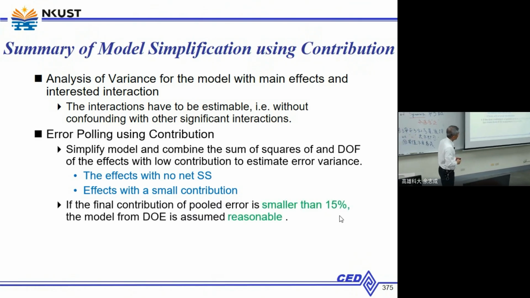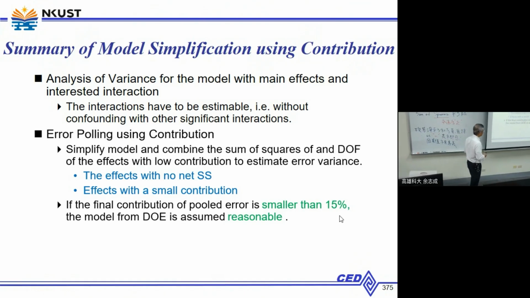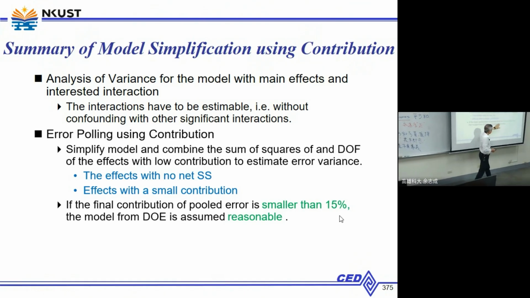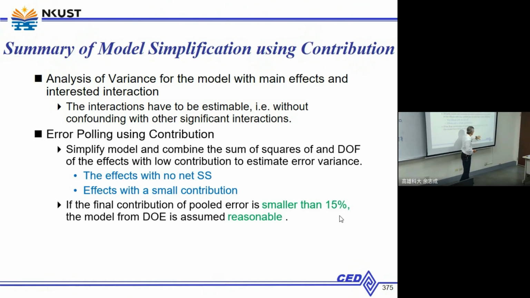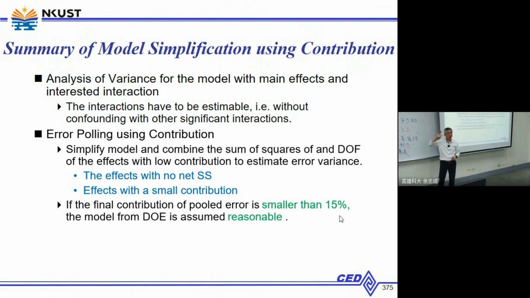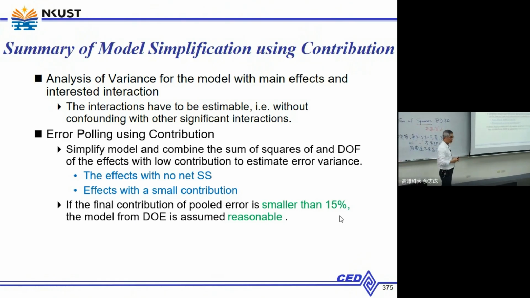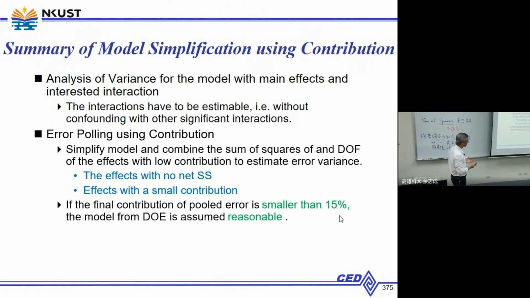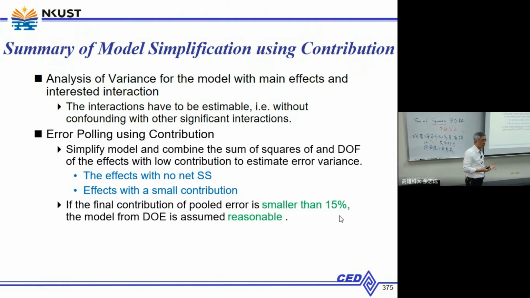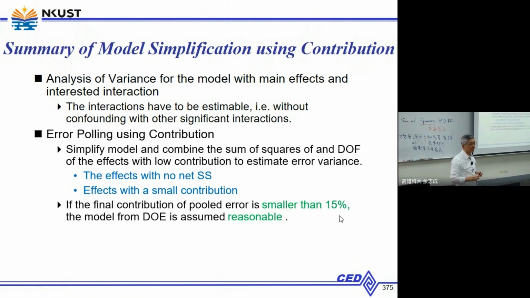All right. And finally, if the final contribution of the error is smaller than 15, we can say this design of experiment is reasonable and your model, your additive model, is good enough to estimate the output, which means that it's good enough to find out the optimum design.